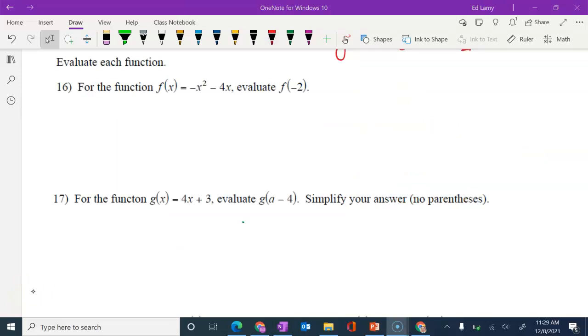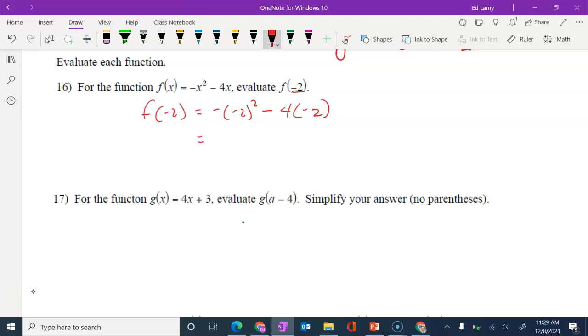So for any function, when we evaluate it for a given value, it just says let x be -2 and see what the output is. So f of -2 would simply mean input -2 where you see x and see what we get, see what the output would be.